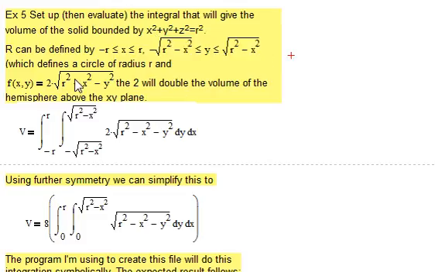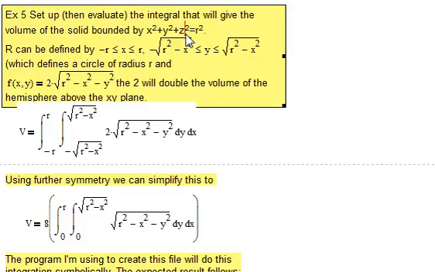And our f of x, y, if you solve that equation for z, then z would be the square root of r squared minus x squared minus y squared.